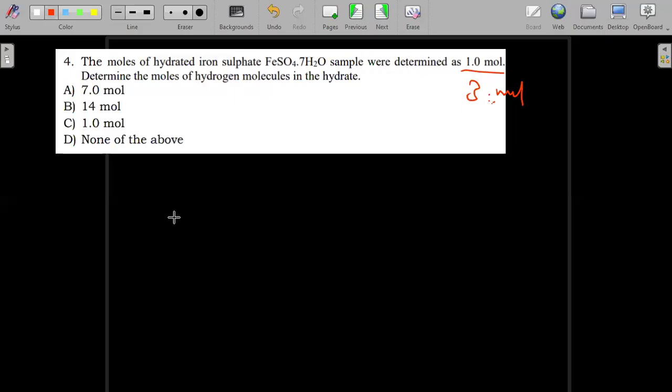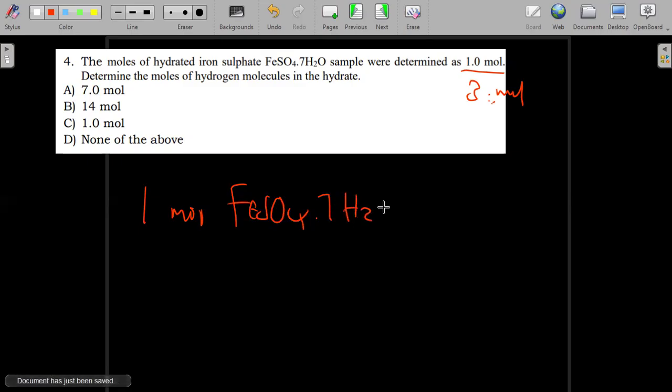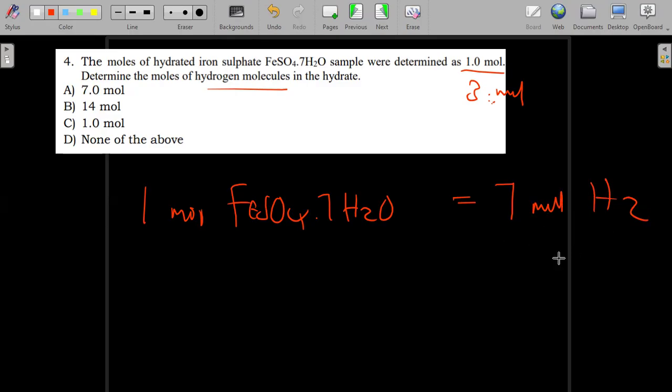You are going to say in 1 mole of this whole thing here, if we are looking at molecules of oxygen, I have 7 moles of hydrogen molecules.